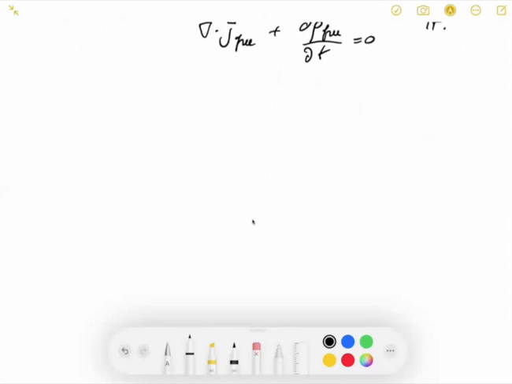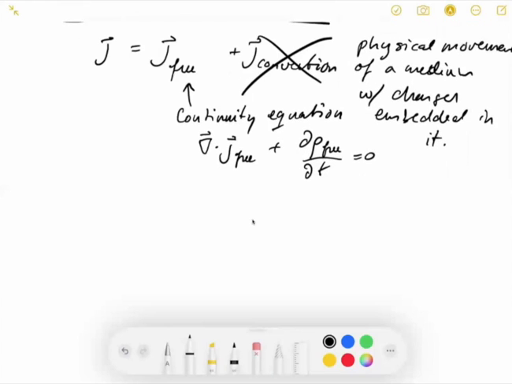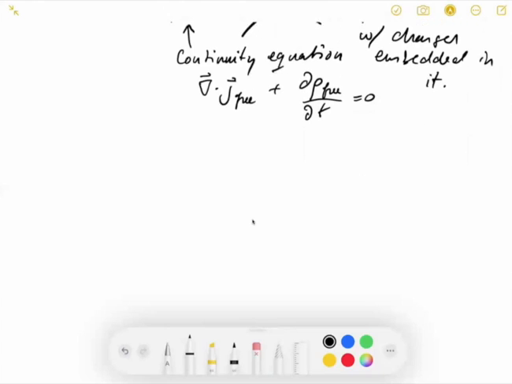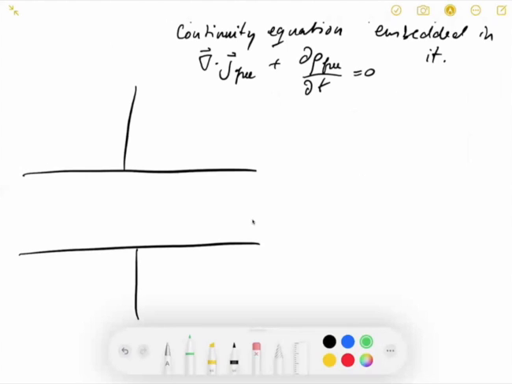But we should talk about something else. So for instance, we're going to go back to our capacitor, and we've got our medium here.